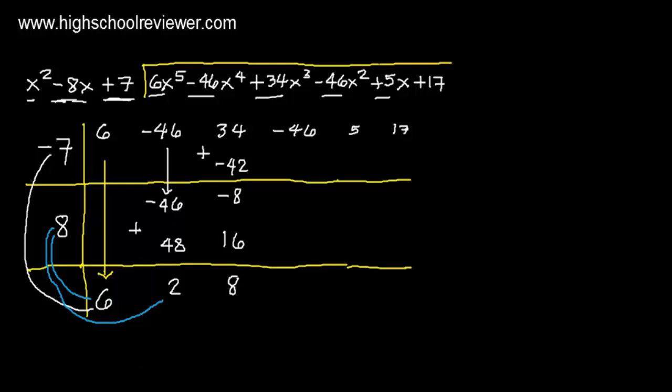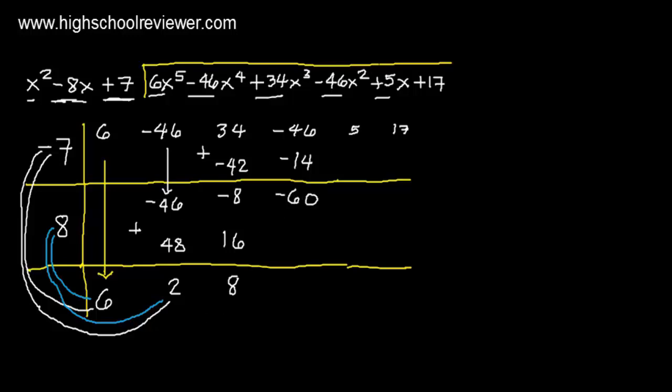This time multiply it with positive 2. Negative 7 times positive 2, that is negative 14. We will write negative 14 here. And then perform addition. Negative 46 plus negative 14, that will be equal to negative 60.